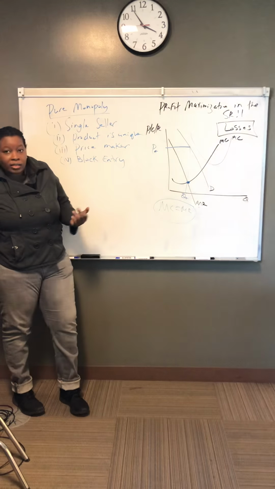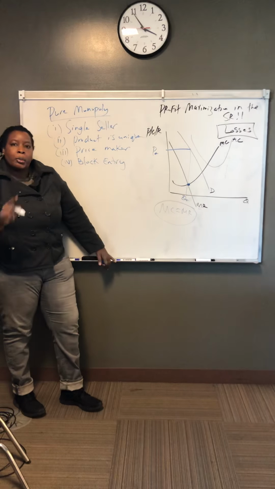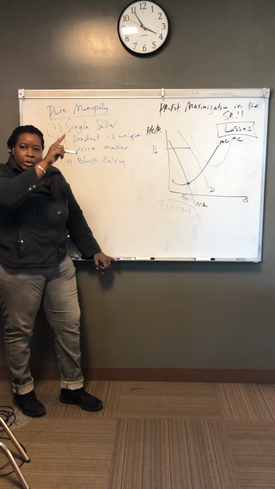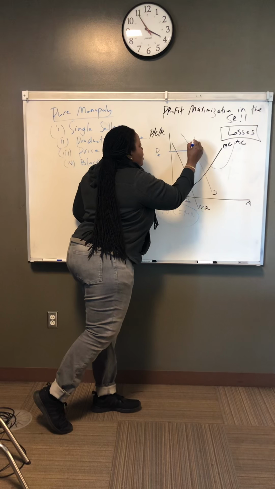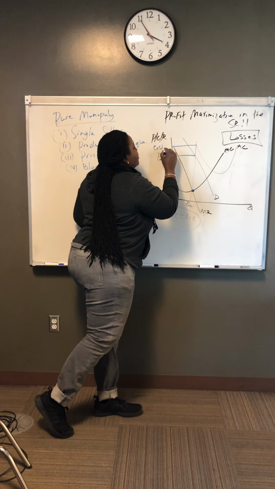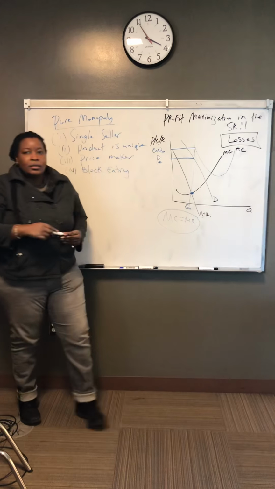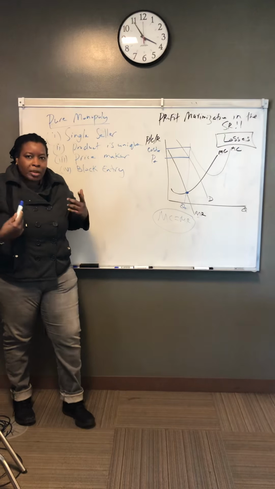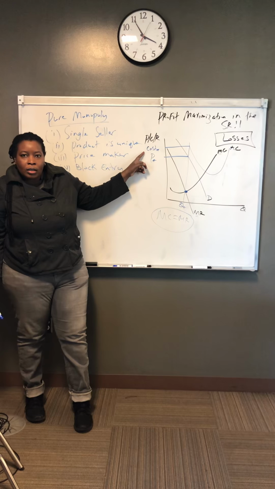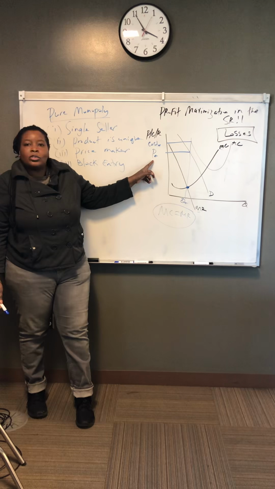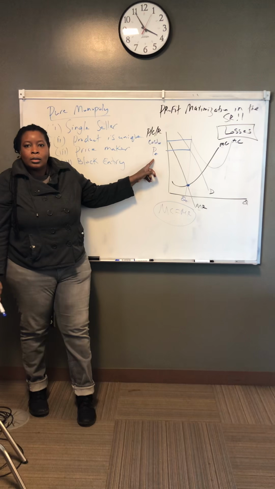How much is it costing you to produce the good? Remember I said we summarize cost with the AC curve. Right where it hits the AC, this is your cost. Now watch it. Think. Put on your business brain. The cost to produce the good is higher than the price you get from the customer.